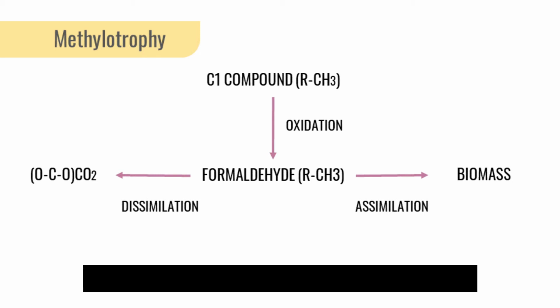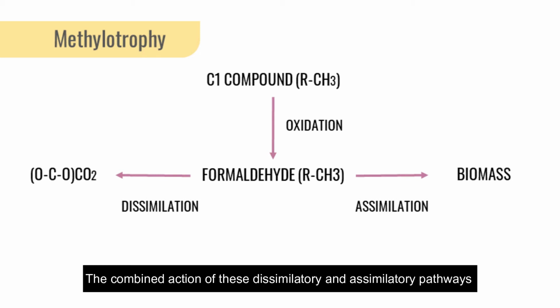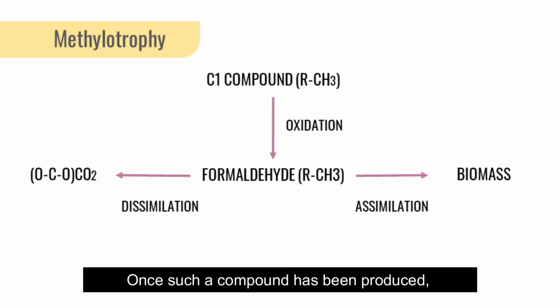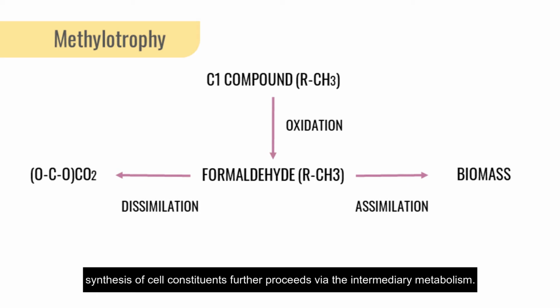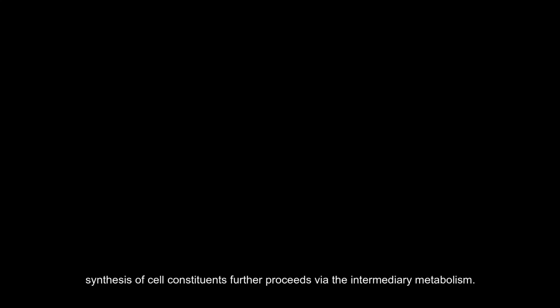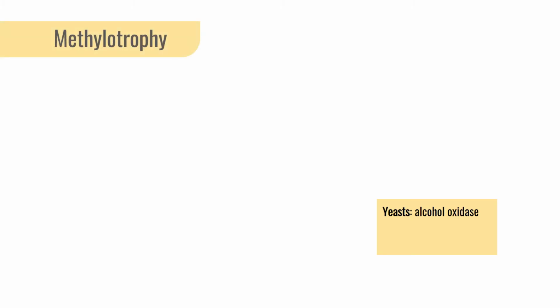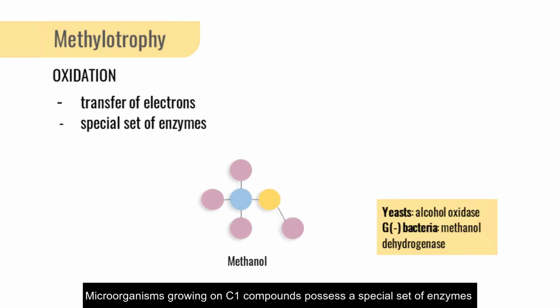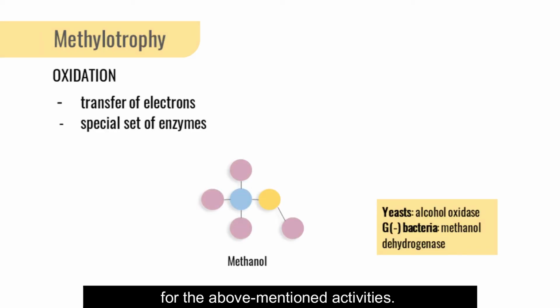The combined action of these dissimilatory and assimilatory pathways results in the synthesis of a metabolite containing a C3 skeleton. Once such a compound has been produced, synthesis of cell constituents further proceeds via intermediary metabolism. Microorganisms growing on C1 compounds possess a special set of enzymes for the above-mentioned activities.